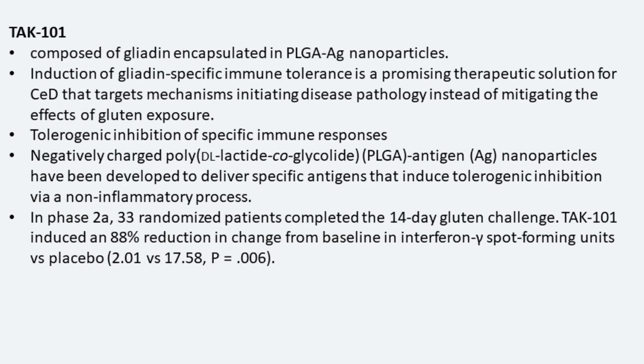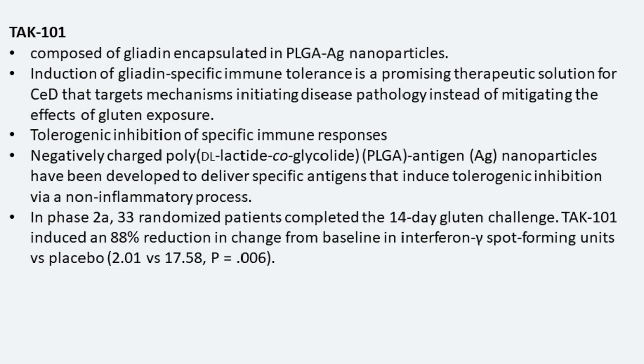Now, TAC101, it is composed of gliadin encapsulated in PLGA nanoparticles. Now, what is this? It's kind of an immunotherapy. So you give gliadin-specific immune tolerance. So this PLGA is a carrier molecule, a nanoparticle, which delivers specific antigens that induce tolerance.